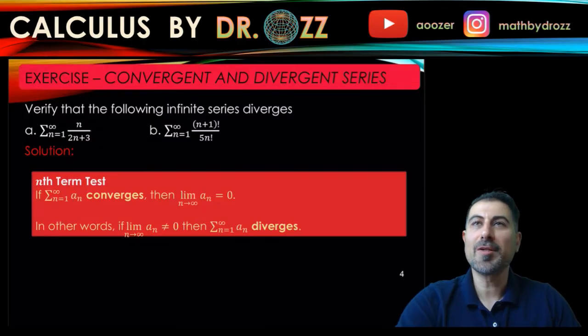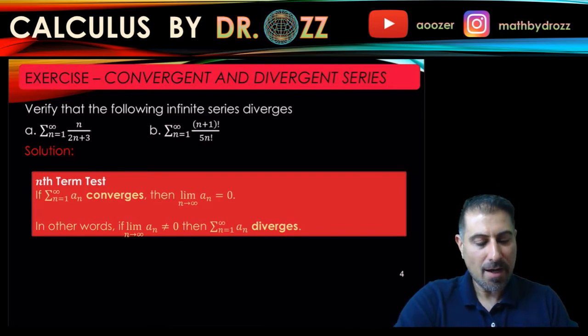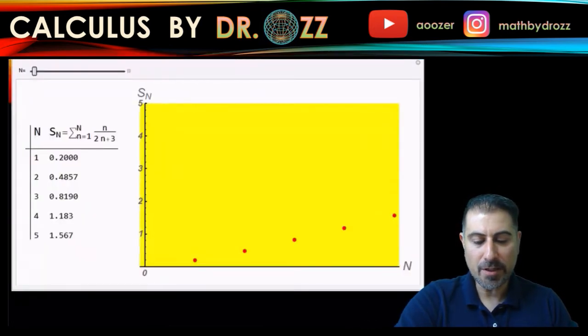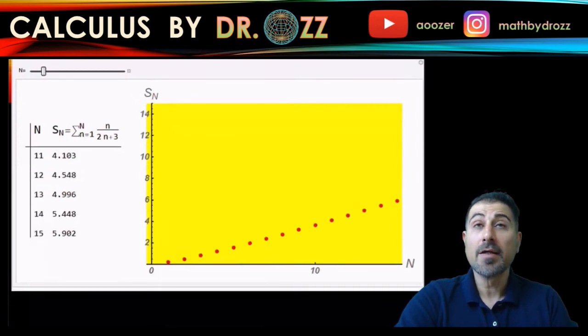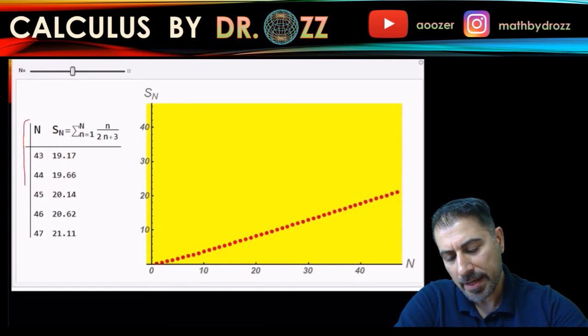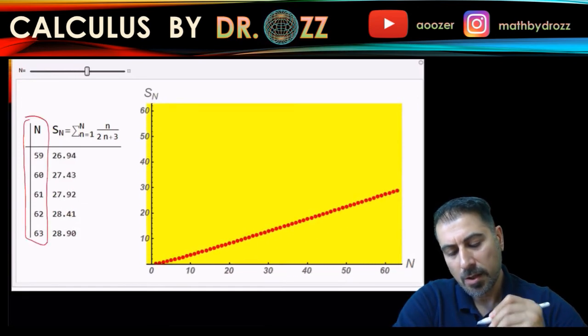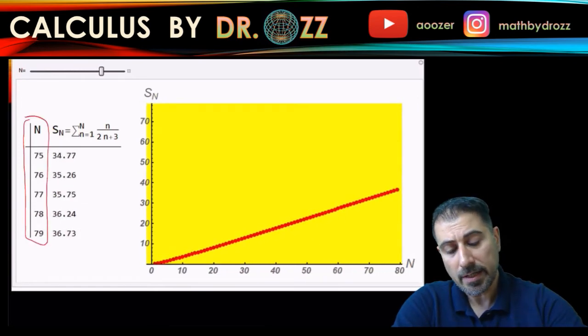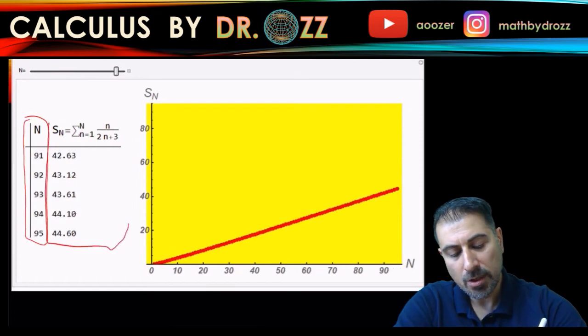All right, so what I'm going to show you is how we can visualize the divergence. What I did here is for the first infinite series, I made a table where I have capital N in this column. So as you see, it's increasing all the way, and I have the corresponding partial sum.